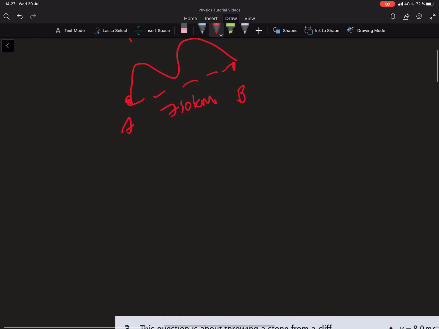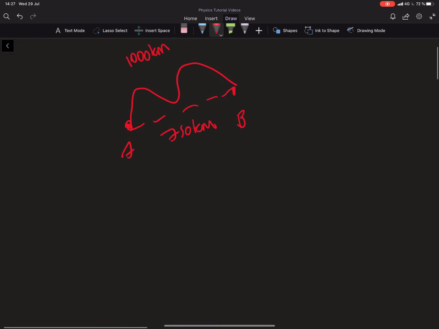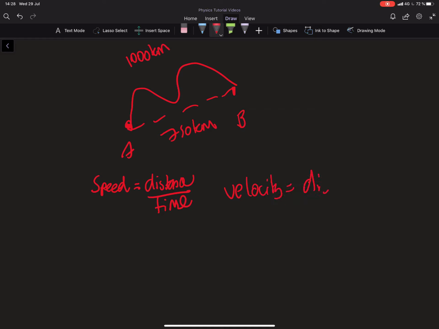Now this is important because it's distance versus displacement that is the difference between speed and velocity, where speed is equal to the distance traveled over the time and velocity is equal to the displacement over time. And these equations of motion will be using displacement and velocity. So now that we got that covered, let's dive into the equations.